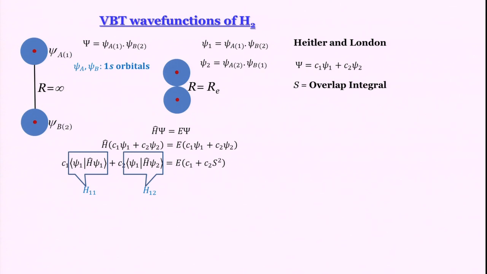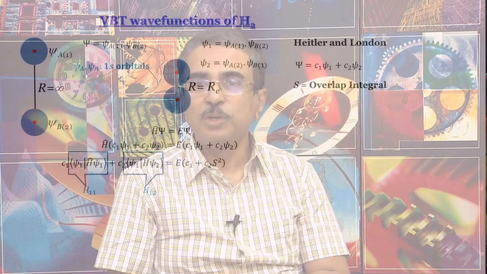And then the next step is to work out expressions of these two integrals in terms of something else. We are not going to go through all that math in this course. If you are interested, I have another NPTEL course on quantum chemistry of atoms and molecules.